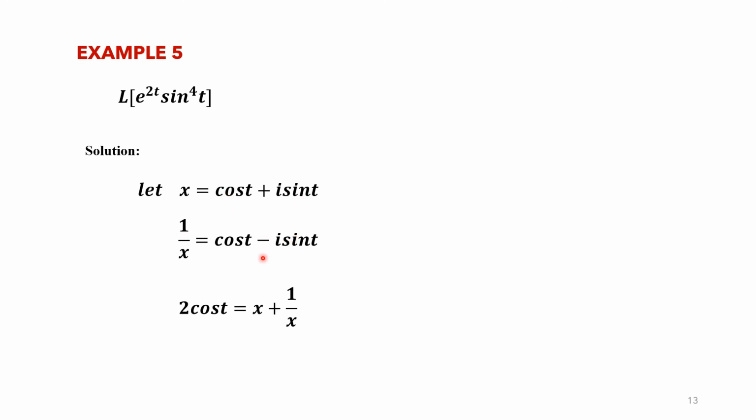We will have 2 cos t is equal to x plus 1 by x. And when we subtract, cos t will get cancelled. We will have 2i sin t as x minus 1 by x. It is the same as e raised to i theta minus e raised to minus i theta upon 2i, the same formula in a different representation.